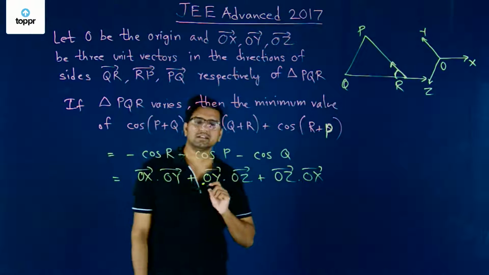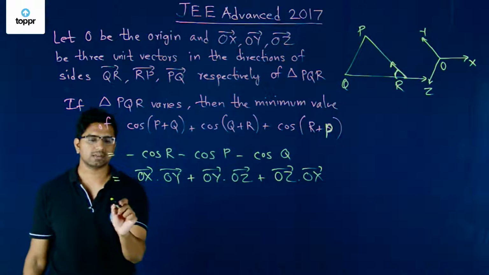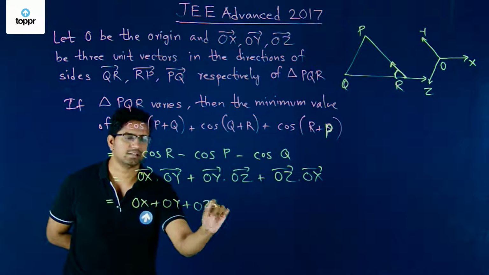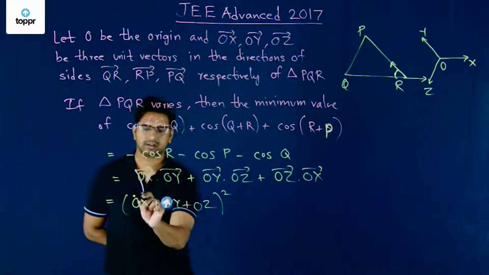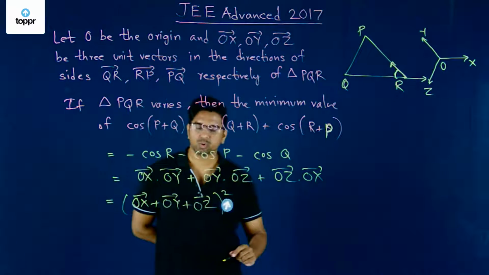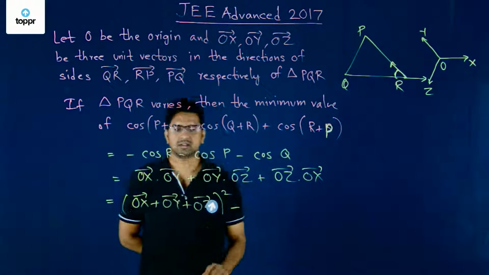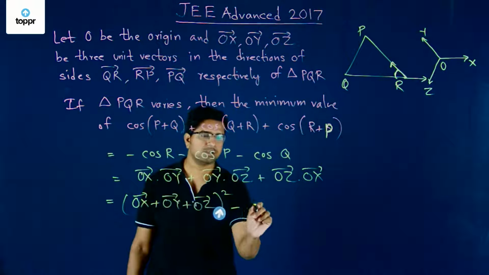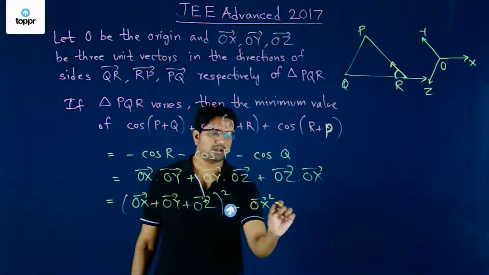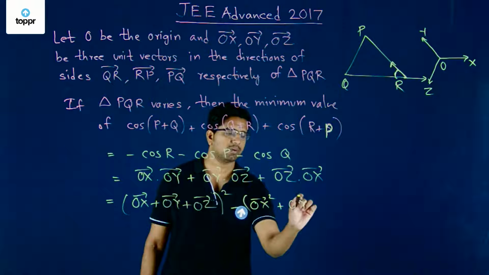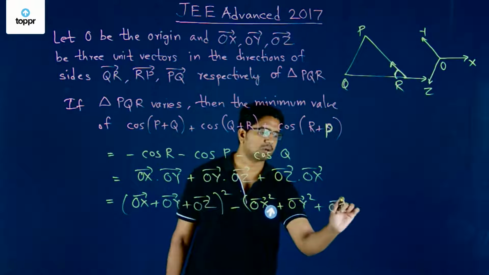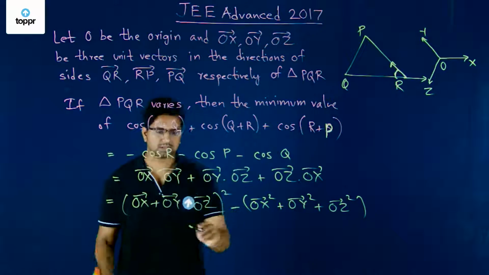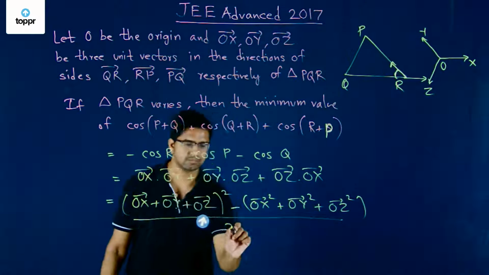So how can one obtain this particular thing? We can very well write it as (OX + OY + OZ) the whole square, minus the sum of the squares of all these, that is OX square plus OY square plus OZ square, all divided by 2. Remember these are vector things, and whenever we write a square, it is actually taking the dot product.